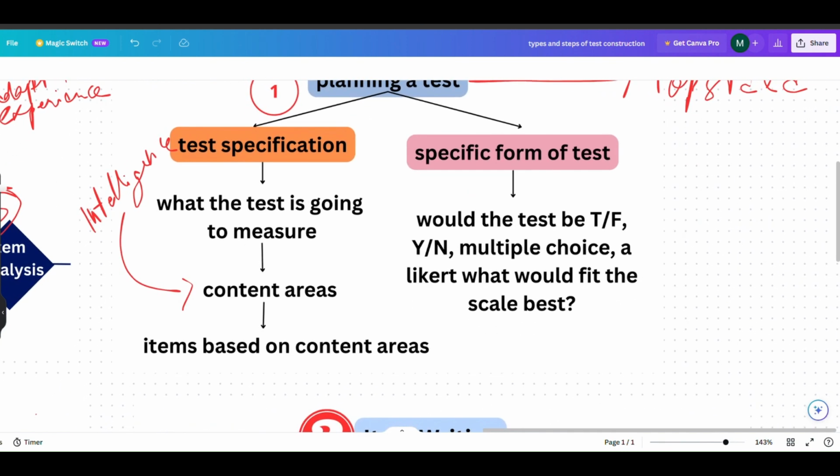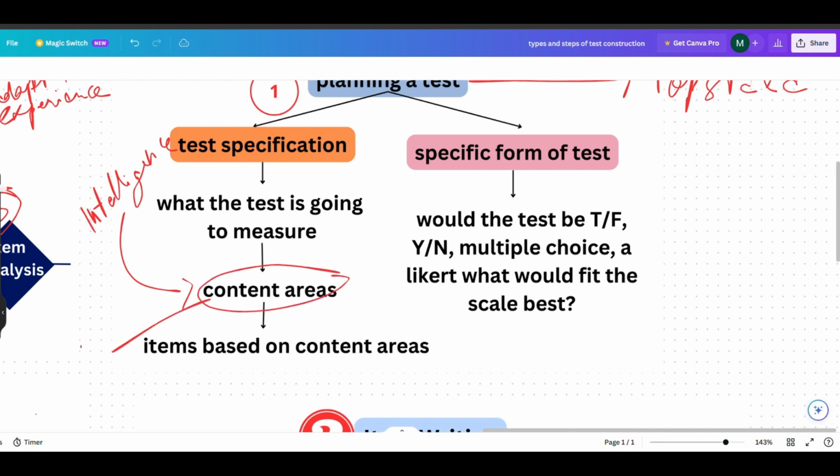Now, content areas of intelligence would be memory, maths, English, front recall, back recall.